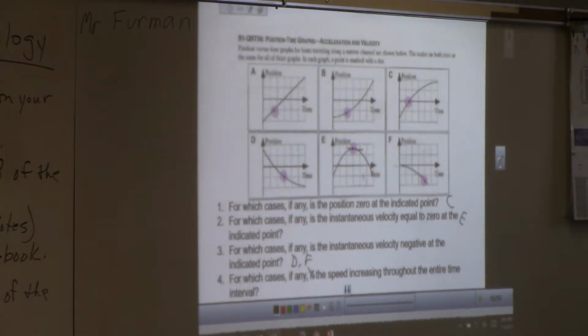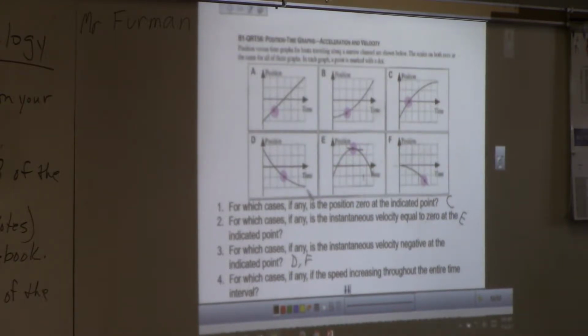For which cases, if any, is the speed increasing throughout the entire time? So D, I have a negative slope, and is that negative slope getting more negative or less negative?